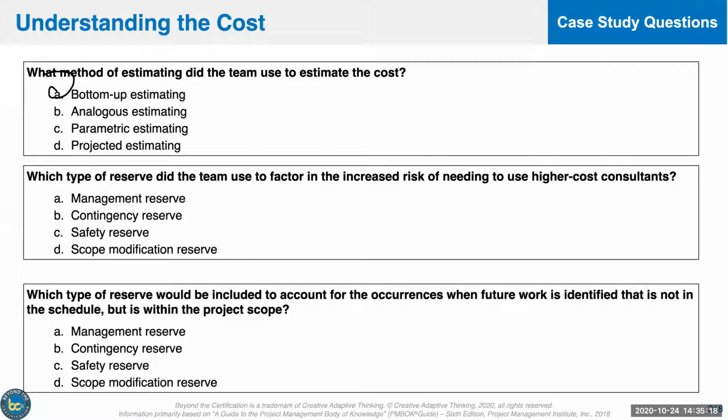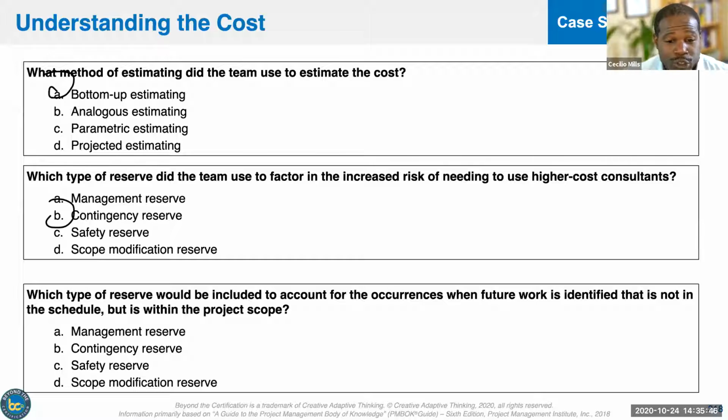I want to say management reserve because I feel like management has the budget to hire people, but then at the same time, I want to choose contingency reserve because it's an unknown known. So they have that type of budget reserved for hiring additional resources. Pick one. I'll just say B.